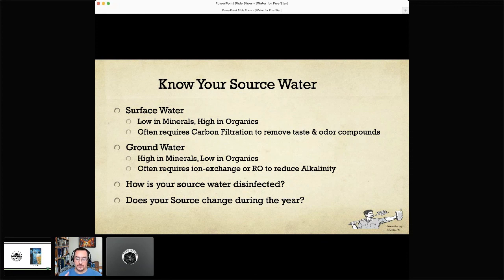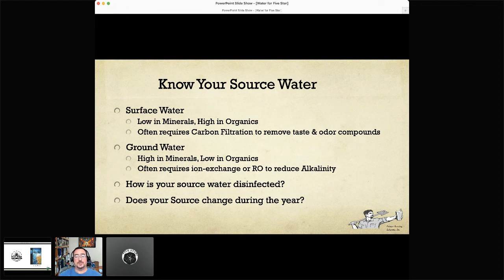You can use sodium metabisulfite, which produces a little bit of chloride and sulfate in your water, like 10 ppm, or ascorbic acid, vitamin C. And vitamin C takes it out very quickly too.